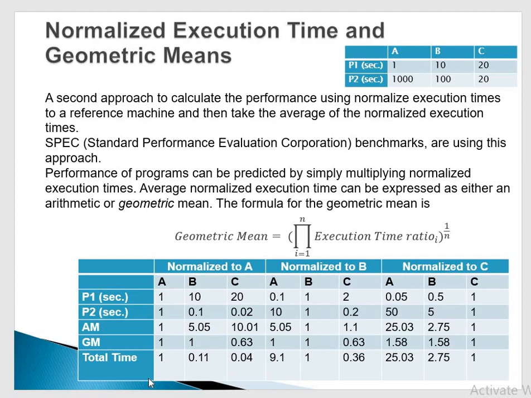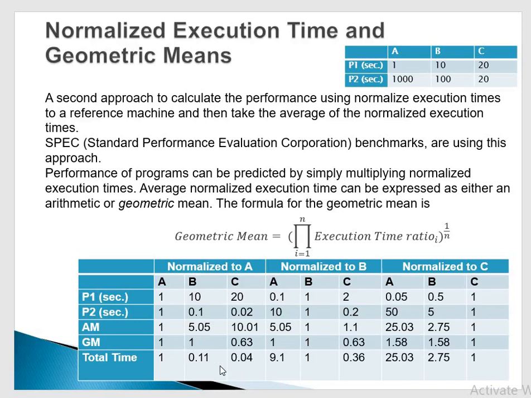From this total time, what can we conclude? We can conclude that the total time with respect to A is 1, for B it is 0.11, for C it is 0.04.